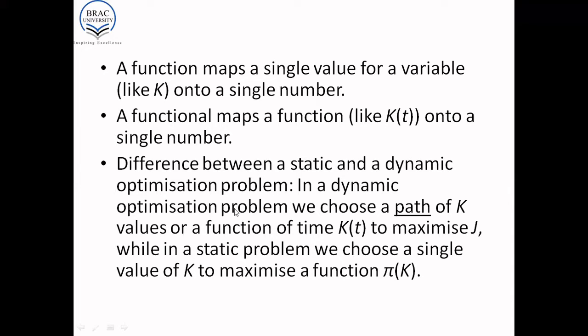In a dynamic optimization problem, we choose a path of k values, values of capital, or a function of time, k(t), to maximize the functional J. While in a static problem, we choose a single value of k to maximize a function like pi(k), the profit function.